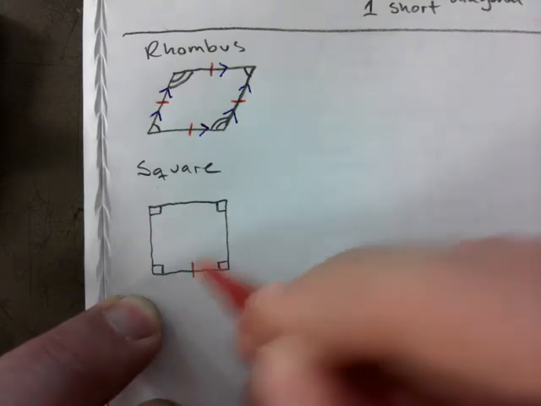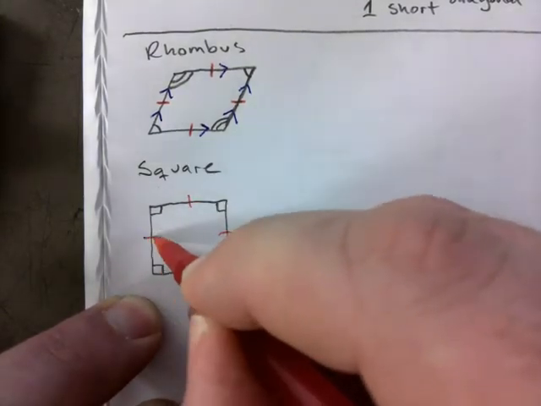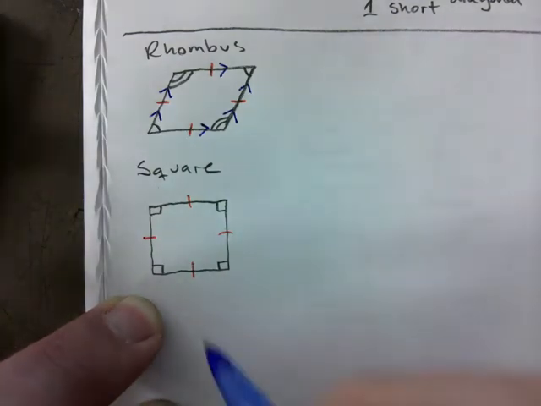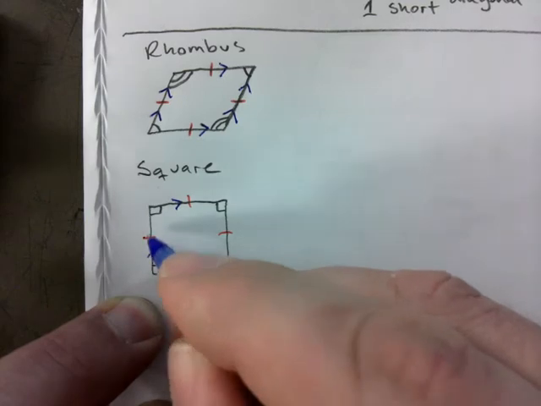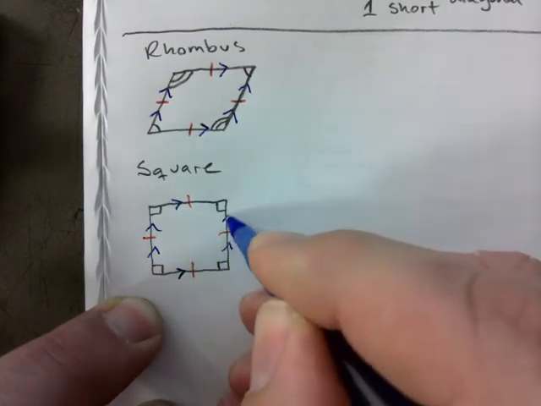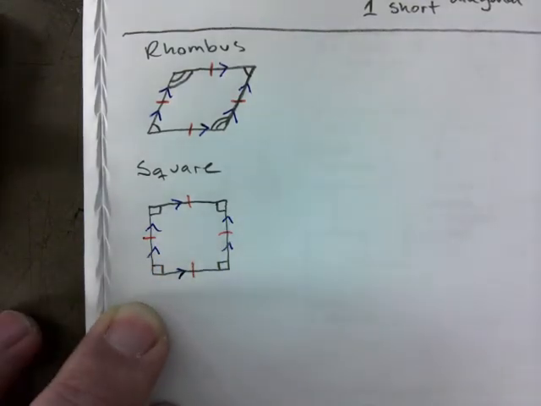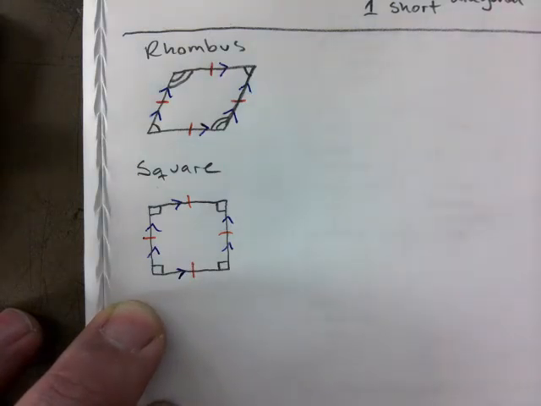All sides are the same. No surprises there. This side is parallel to that side. This side is parallel to that side. So with quadrilaterals, we have a lot of the parallel side thing going on. That's that. Also 3 properties are present right there.